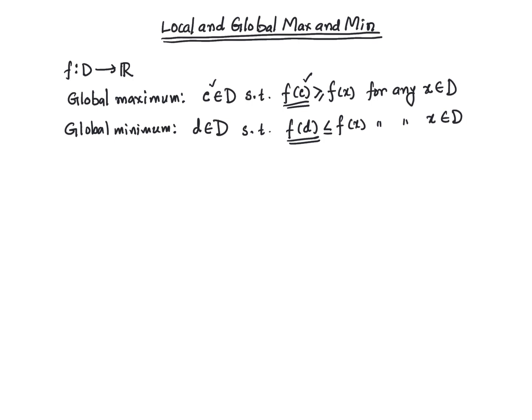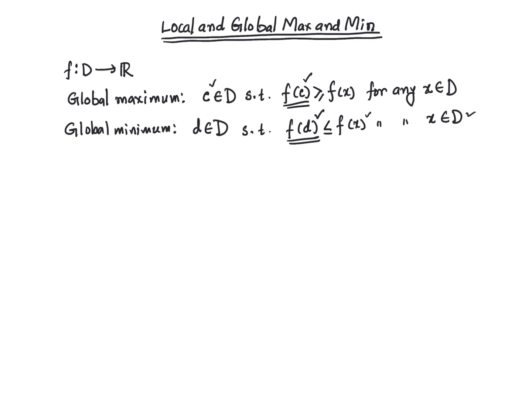It doesn't matter which x you pick in the domain, f of D is always going to be less than or equal to f of x. So this is how you define global maximum and global minimum.